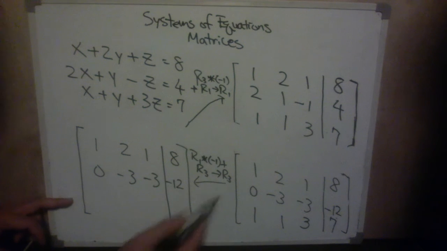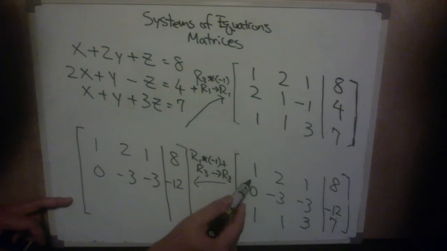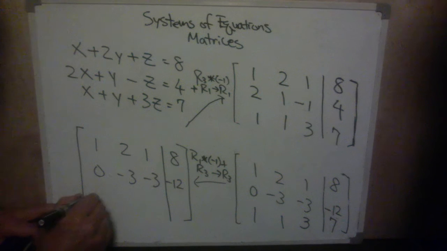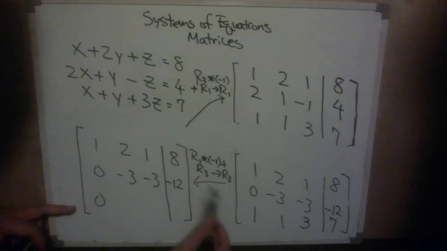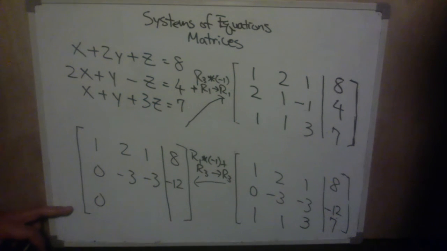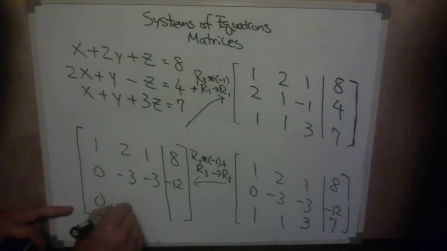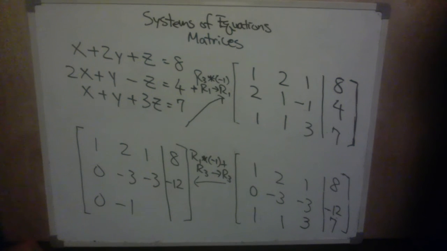So -1 times 1 is -1, plus 1 is 0. -1 times 2 is -2, plus 1 is -1.